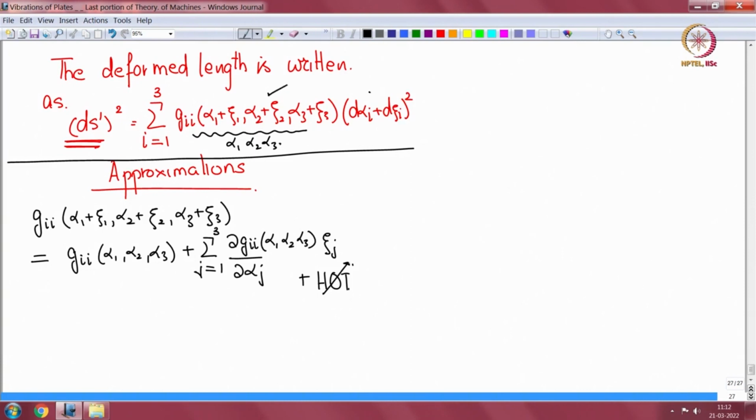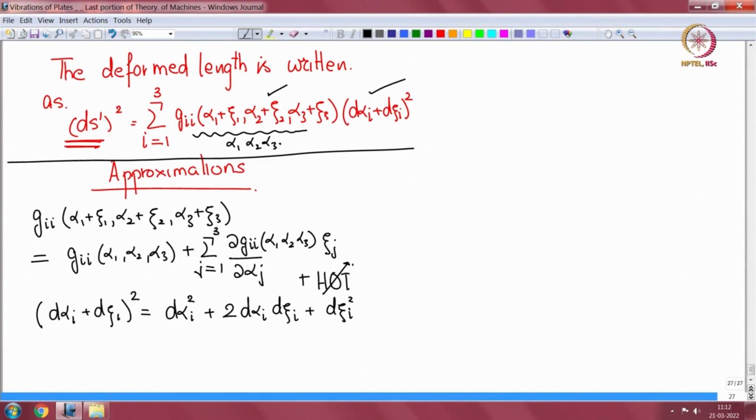Then we will do an approximation on that also. So what is that? d alpha i plus d xi i whole squared is equal to d alpha i squared plus twice d alpha i d xi i plus d xi i squared.